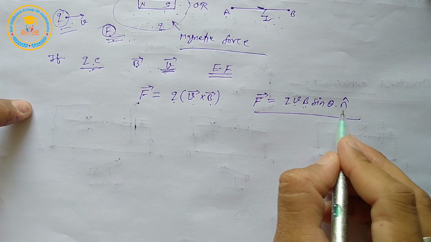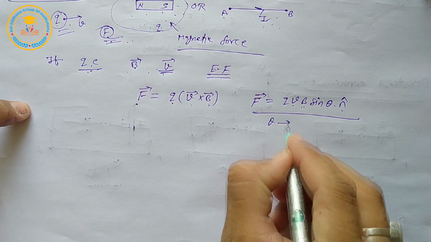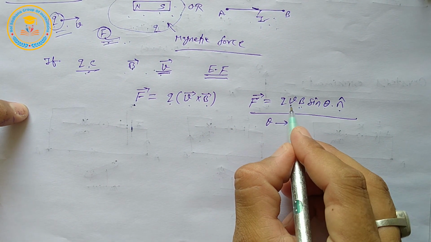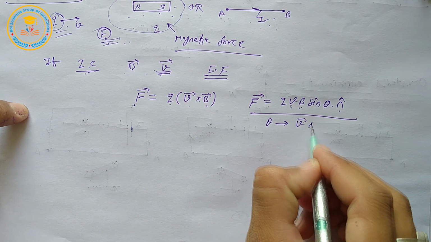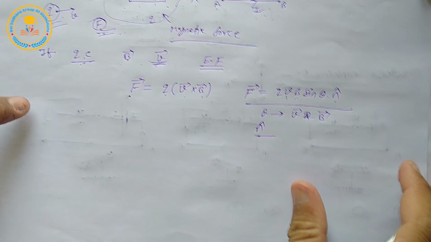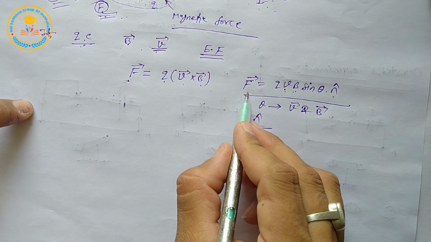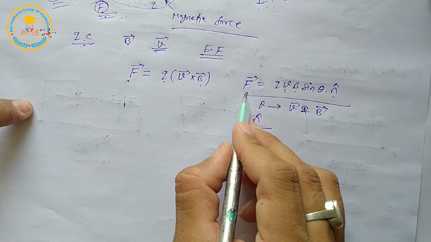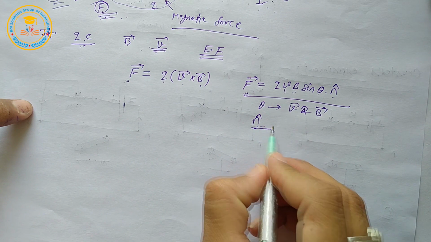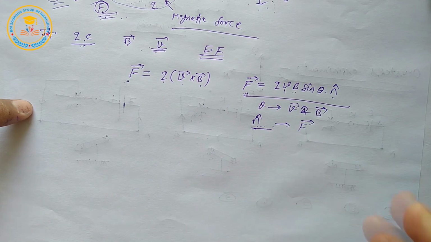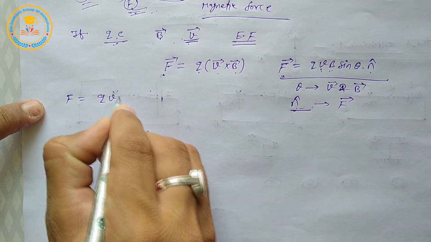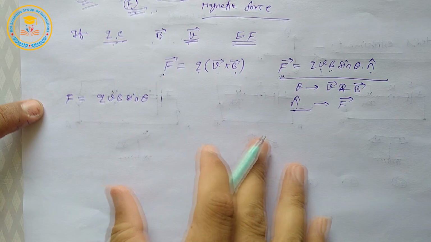Here n cap is a unit vector and it represents the direction of the magnetic force, or we can say n cap is a unit vector in the direction of the F vector. In magnitude form, F is equal to qvB sin theta.